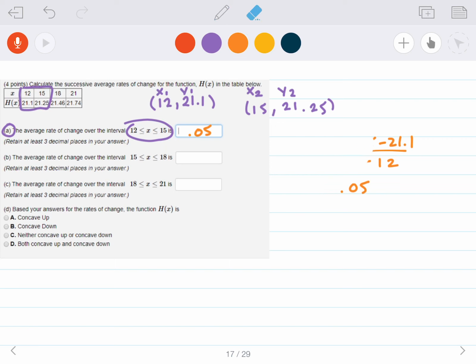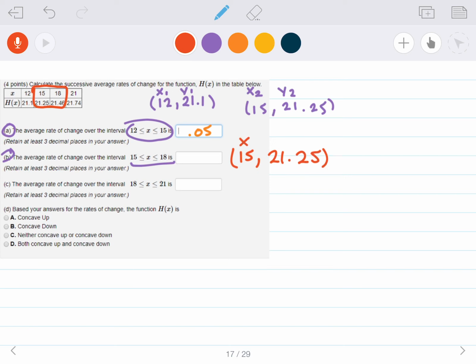We can do the same thing for the next point. So now it says calculate the average rate of change, or the slope, from x equals 15 to x equals 18. So we're interested in these 2 points right here. The first point has an x value of 15 and a y value, or an output, of 21.25.